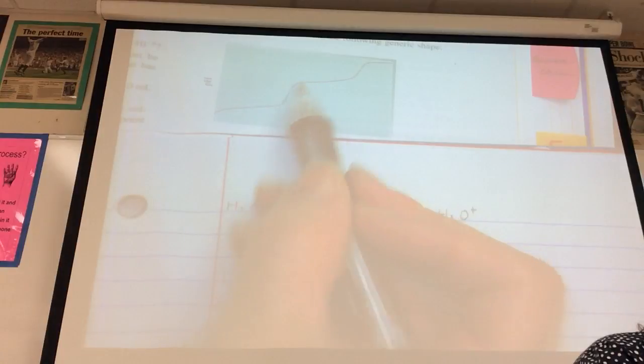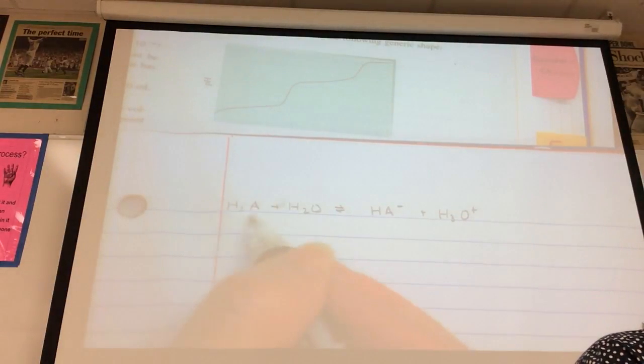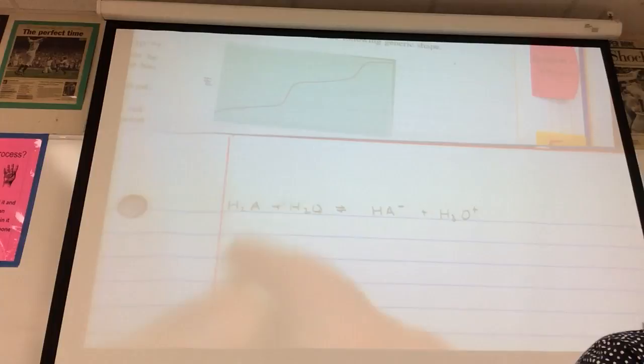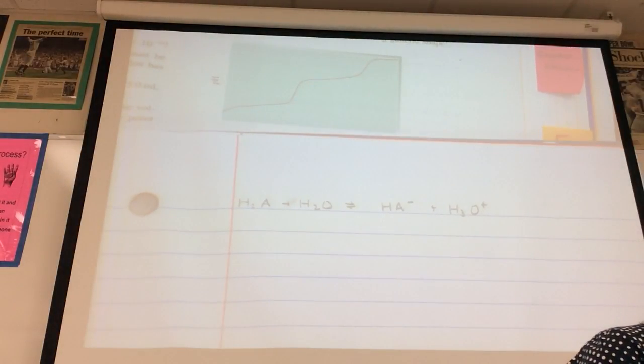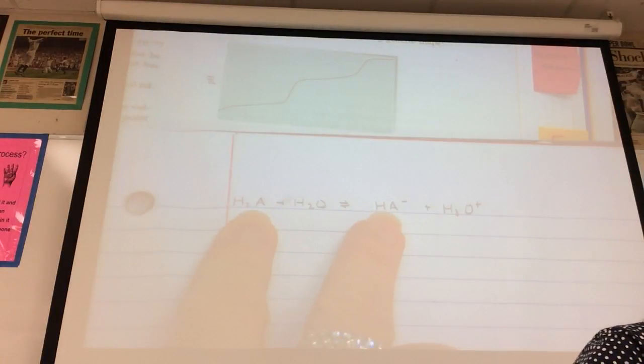Always. Okay, so that's going to be the first curve. So initially, all you have here is diprotic acid. At the half equivalence point, which two have equal concentrations? The conjugate base and the acid, this and that, right?